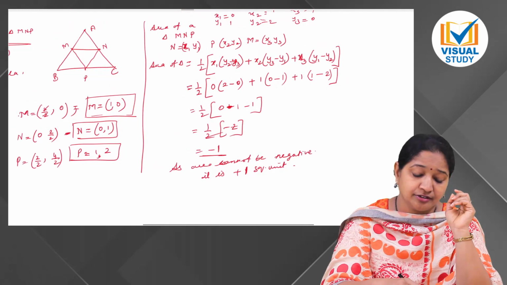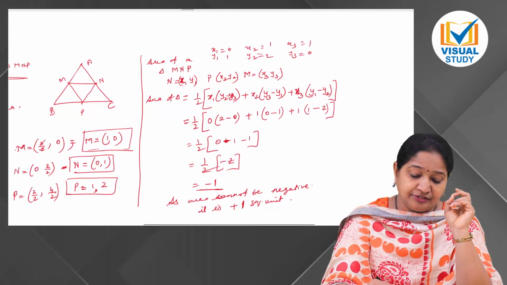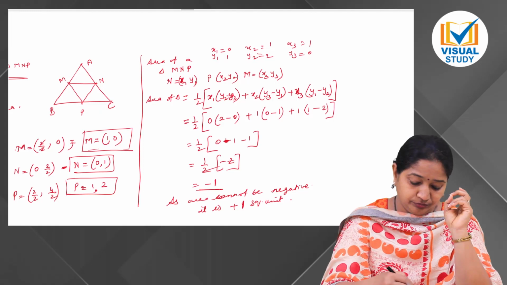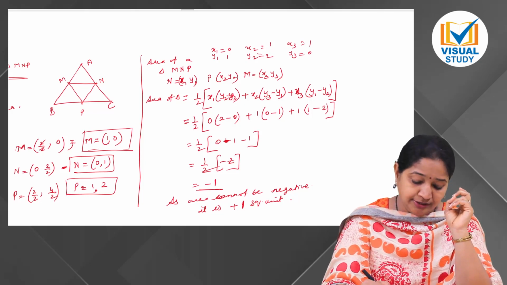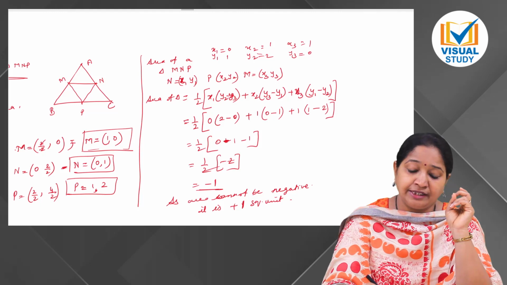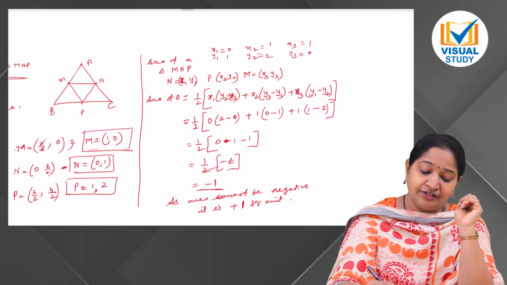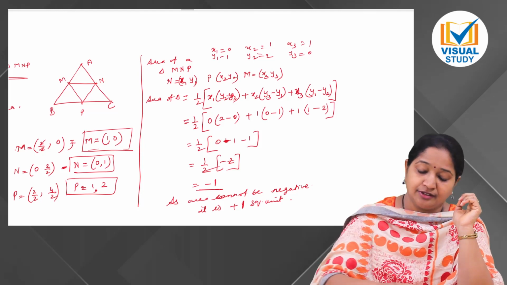We'll just recheck it. Half, x1 is 0, y2 is 2, x3 y3 is 0, x2 is 1, y3 is 0, y1 is 1. Okay, it is correct.